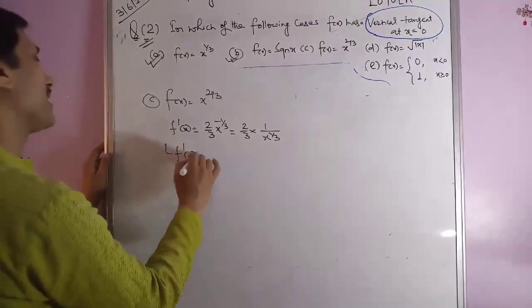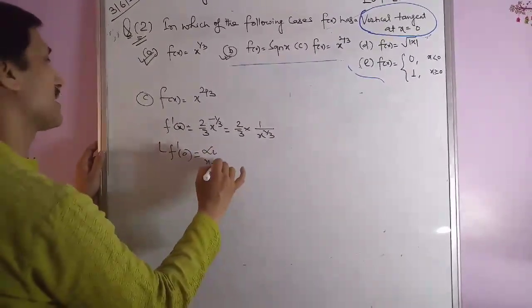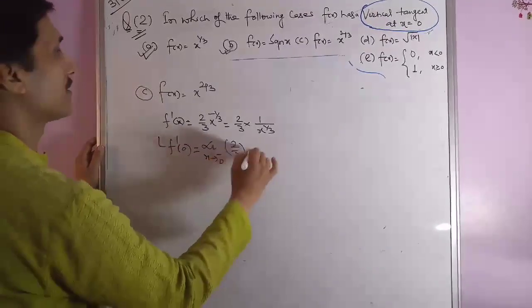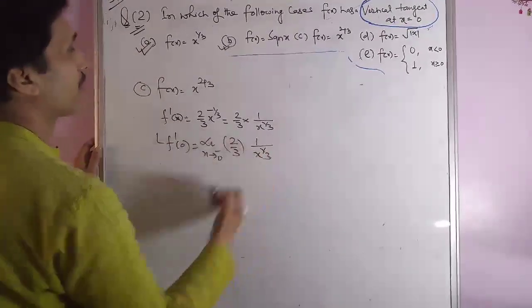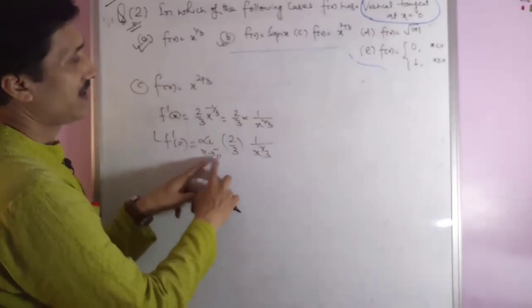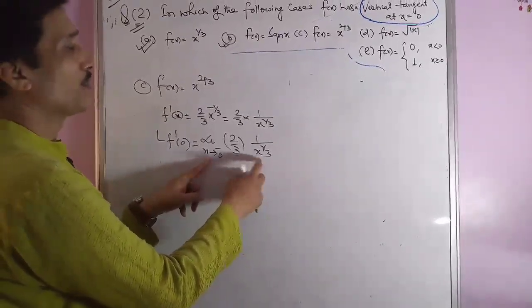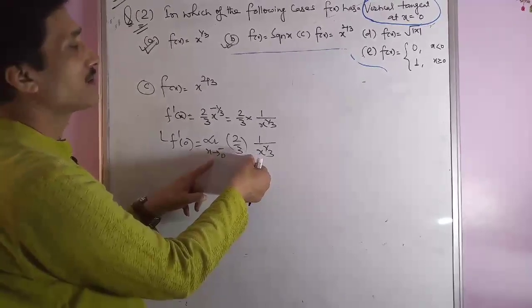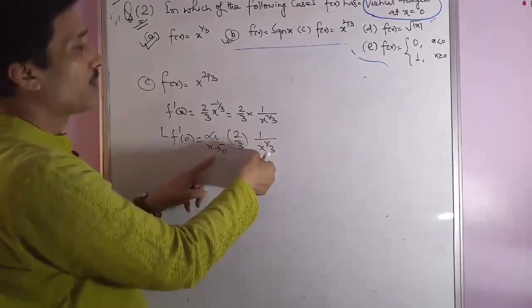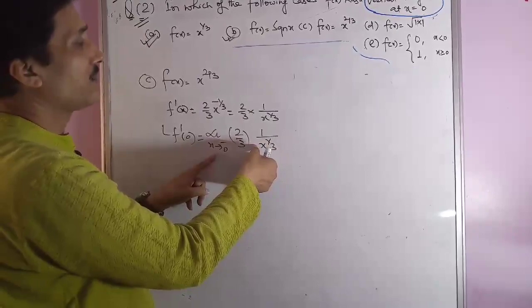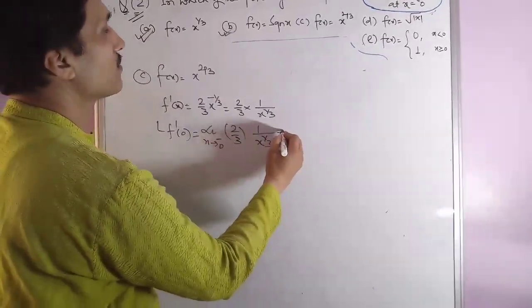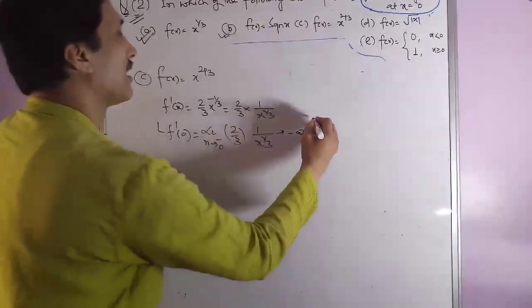So L f dash 0, limit x tends to 0 minus, 1 upon x to the power 1 by 3. Clearly here x is negative in this case, so the minus sign comes out, 1 upon 0 is infinity, and with the minus sign this tends to minus infinity.